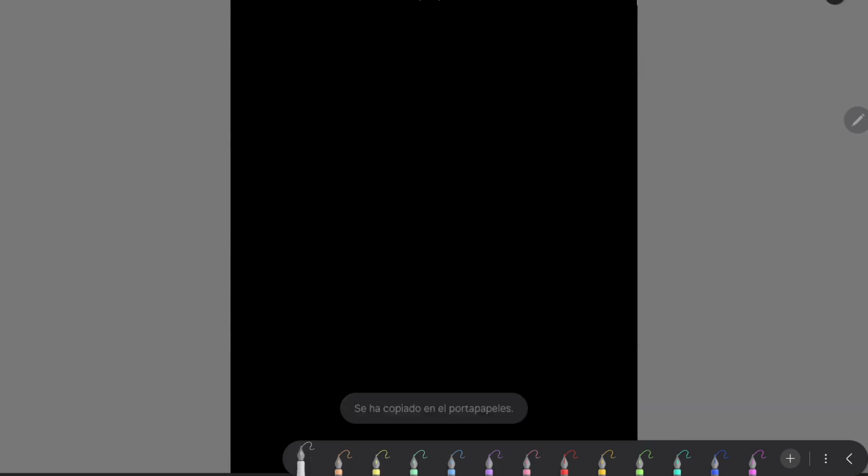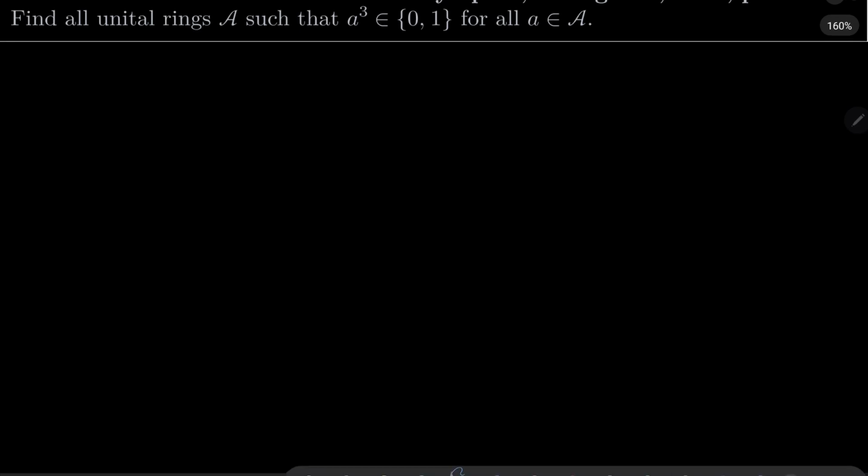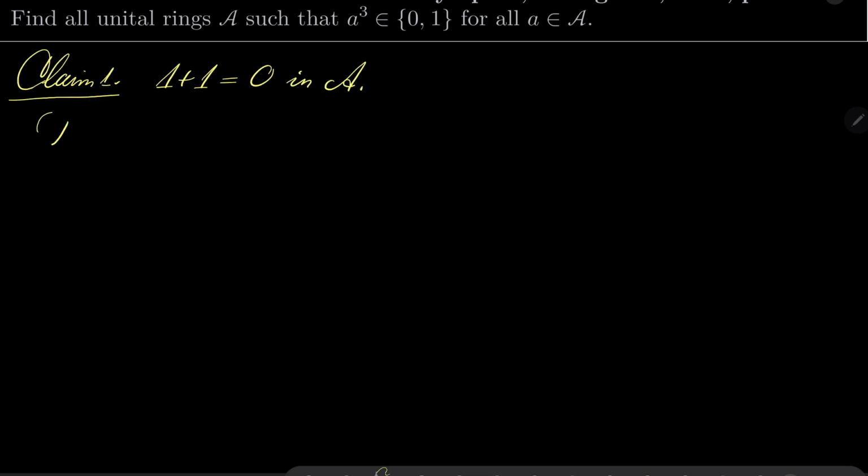Alright, so let's start. I will proceed by proving several claims. My first claim is that 1 plus 1 is 0 in our ring. Proof. Notice that, well, let's consider minus 1 cubed. Minus 1 cubed is minus 1, and we know that it's 0 or 1.